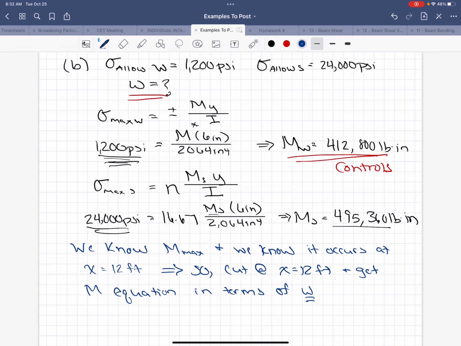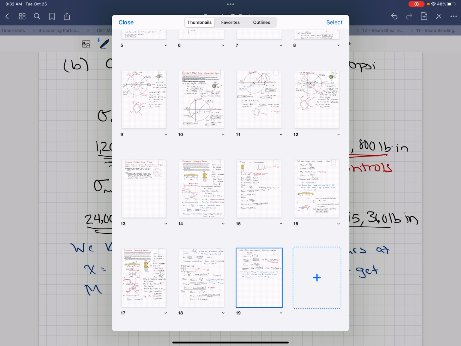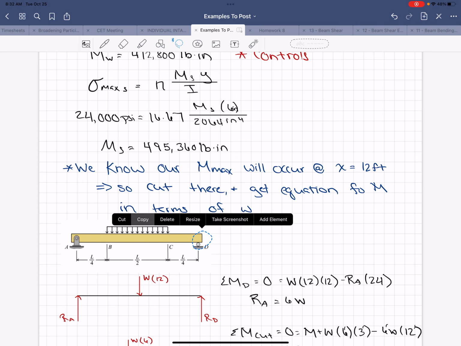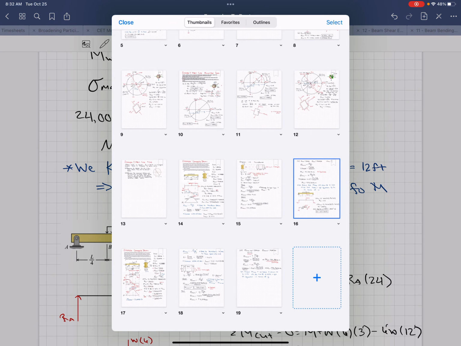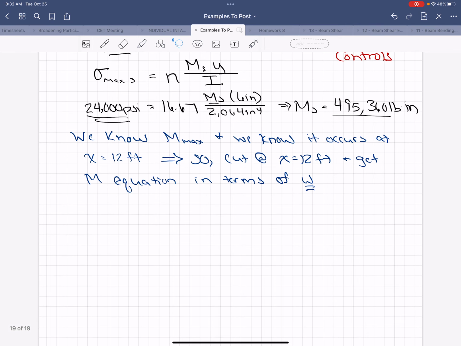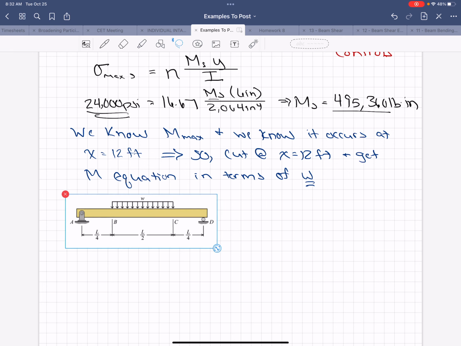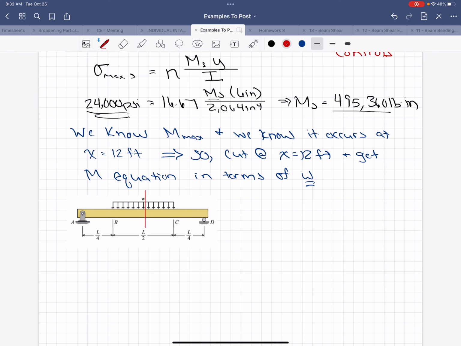Okay, so I might just do this quick. We're going to grab this and paste it here. So what I'm doing here is I'm going to cut this right where M is a maximum, and that is 12 feet.